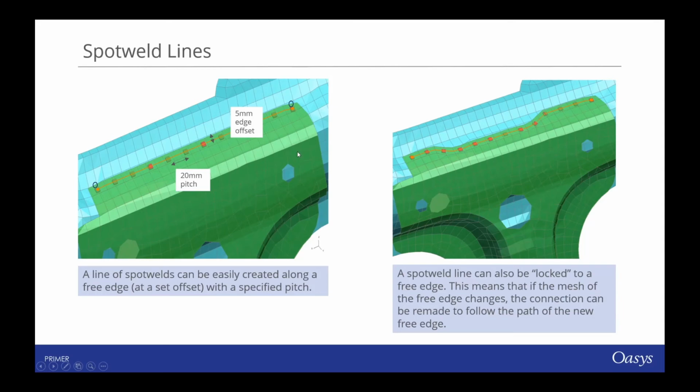If we lock this to the free edge, that means that if your geometry is still subject to change, such that the mesh does change at a later point in time, then the connections can be remade to follow the path of the new free edge. So that connection entity will store the information associated to these spot welds and the free edge, and they can be easily remade as opposed to having to individually update each spot weld across that free edge location. And so this is a different connection type.